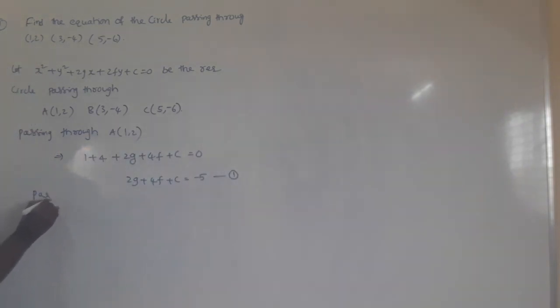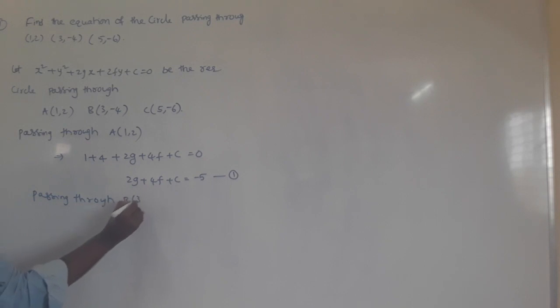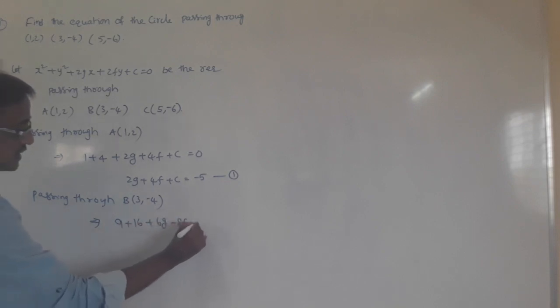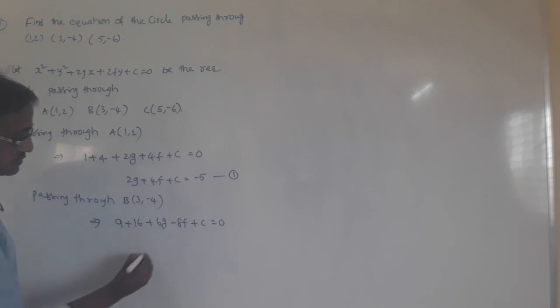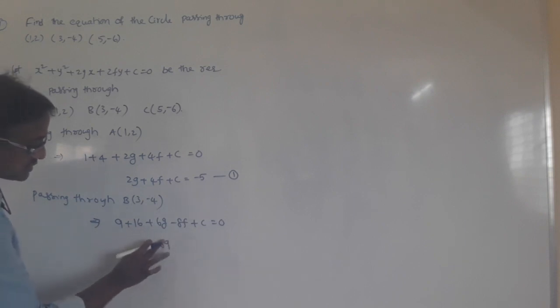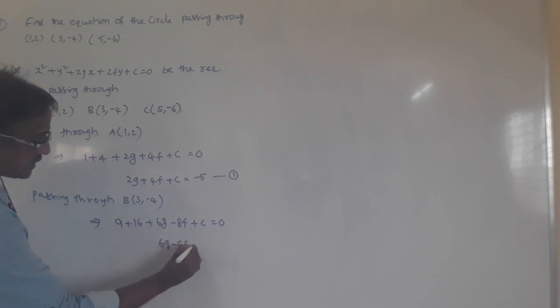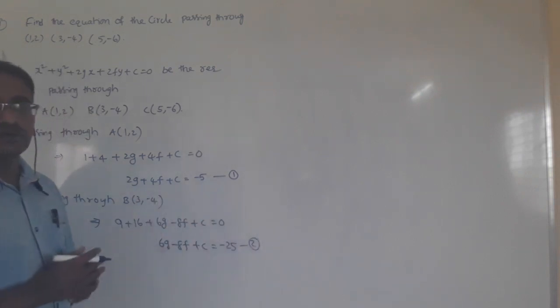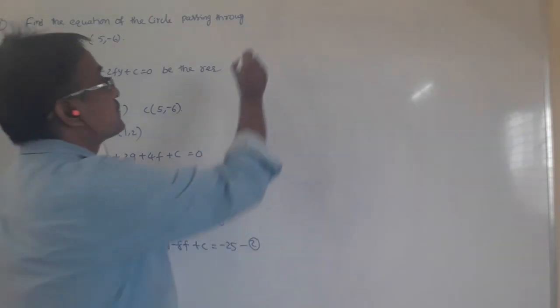Again it is passing through B(3, -4). Substitute that point, you will get 9 plus 16 plus 6g minus 8f plus c equal to 0. So 6g minus 8f plus c is equal to minus 25. Let it be equation 2.